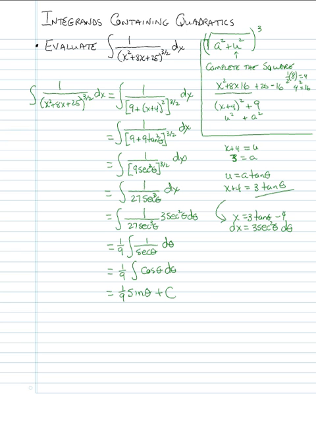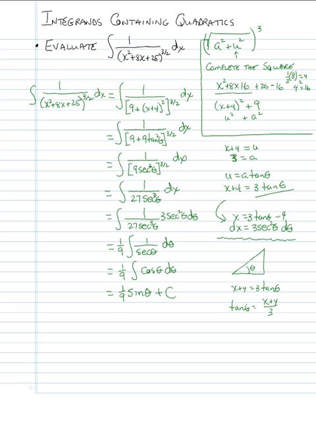But what are we left with? We've got to still revert back into x's. So now we use the idea of our representative right triangle. So here's theta. Now, remember, we started out with x plus 4 is equal to 3 tangent of theta. We need to solve that for tangent of theta, and when we do, we get tangent of theta is x plus 4 over 3.